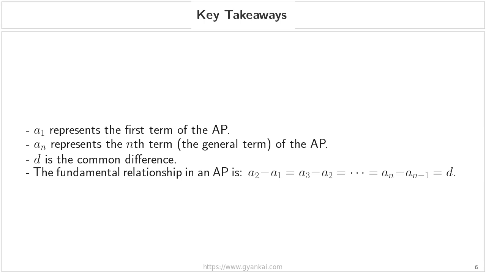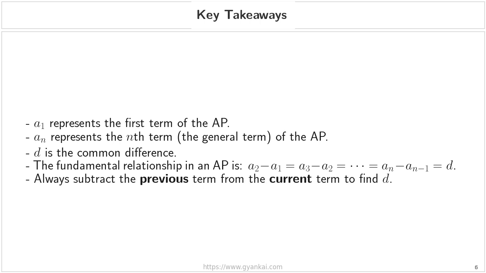Now, the most important mathematical relationship to memorize is this. A subscript 2 minus a subscript 1 equals a subscript 3 minus a subscript 2, and so on, all the way down to a subscript n minus a subscript n minus 1, which all ultimately equal d. This string of equalities is what proves the gap between our numbers remains constant.